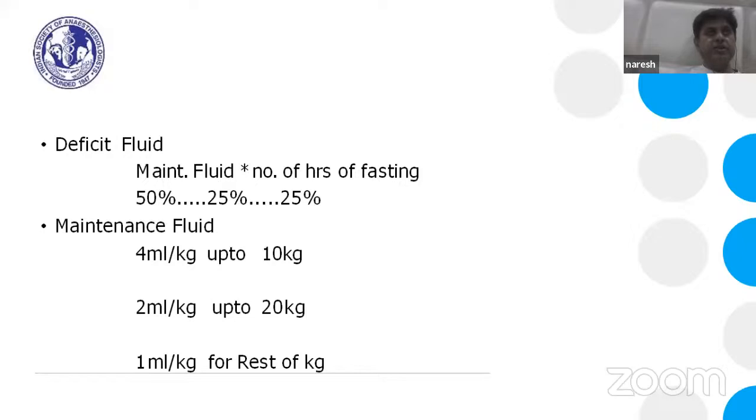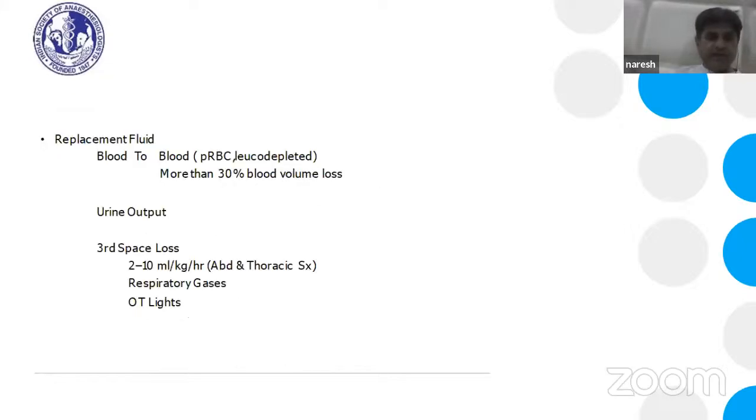Definitely it is not the formula alone which gives you the value. It is the other parameters also which you should look at for the adequacy of the fluids. I will tell you in the next slide how we maintain collectively overall, whether we are giving the right fluid or we need to change our strategy.